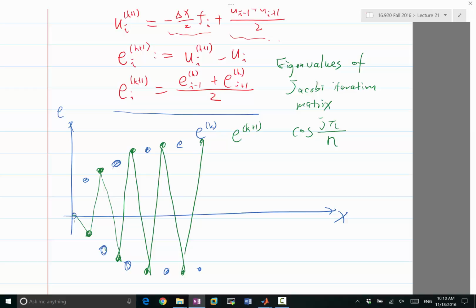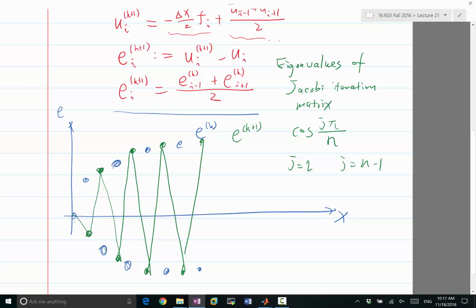Last time we focused on the mode that corresponds to j equal to 1. That corresponds to the most smooth solution. But equally difficult to converge is j equal to n minus 1. Why is that? This is because when j is equal to 1, cosine of pi over n is very close to 1 when n is large.